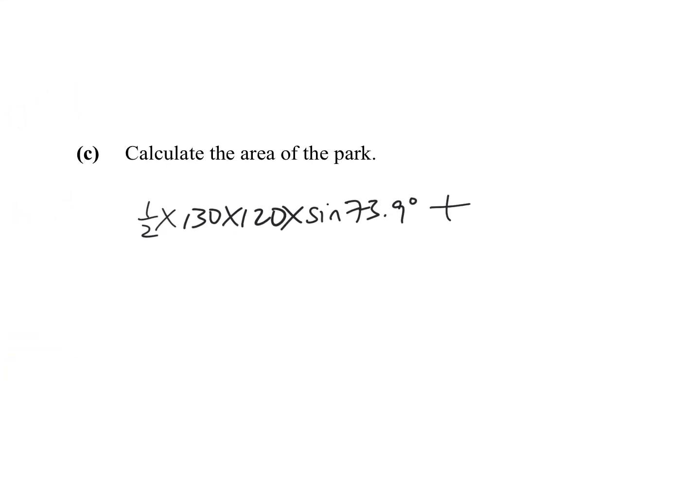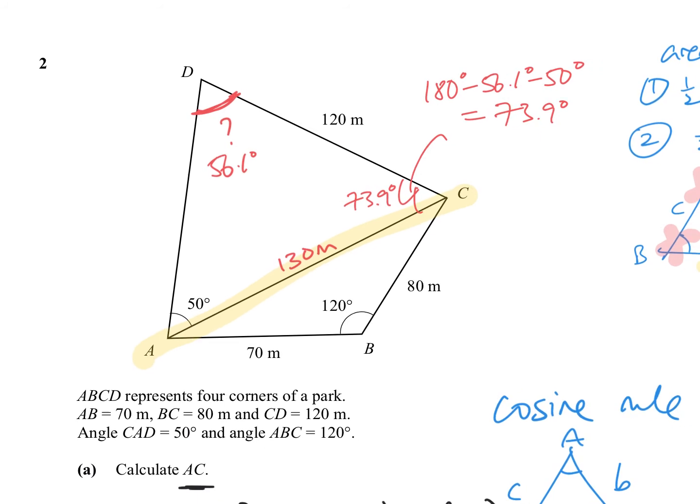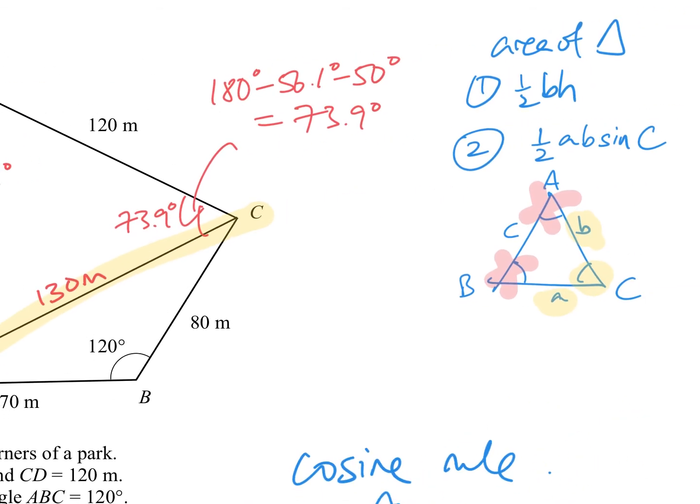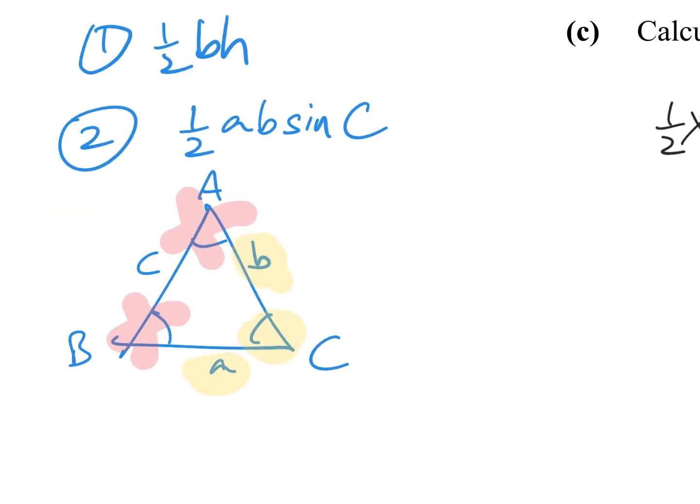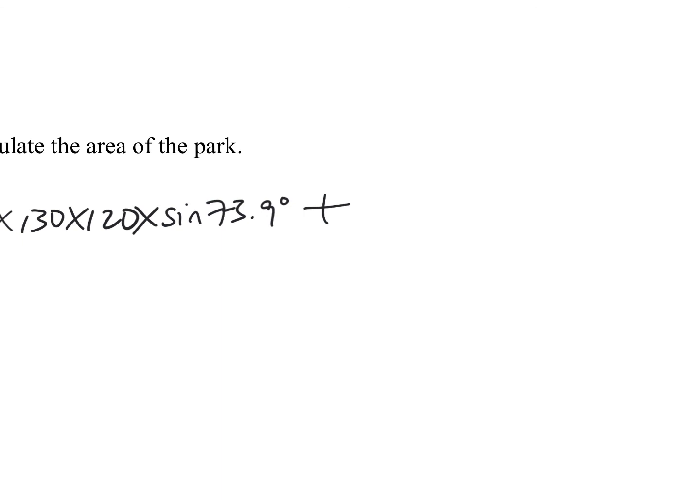We want the other triangle as well. So now we want one side, the other side, and the angle in between. There we have it. We can say half times 70 times 80 times sine 120. So let's go there and say this is half times 70 times 80 times sine of the angle in between, which is 120.